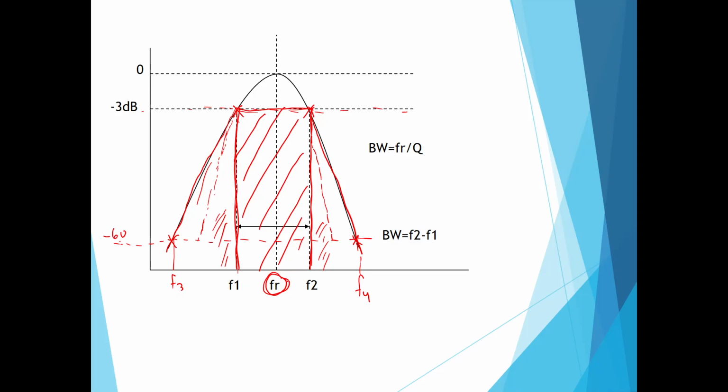So the steeper the slope, the better the filter. The steeper, the better the slope, because we can remove the unwanted frequencies. Remember, when we design a filter, we try our best to design one that has a very steep slope. If the slope is not steep, it is not a good filter.